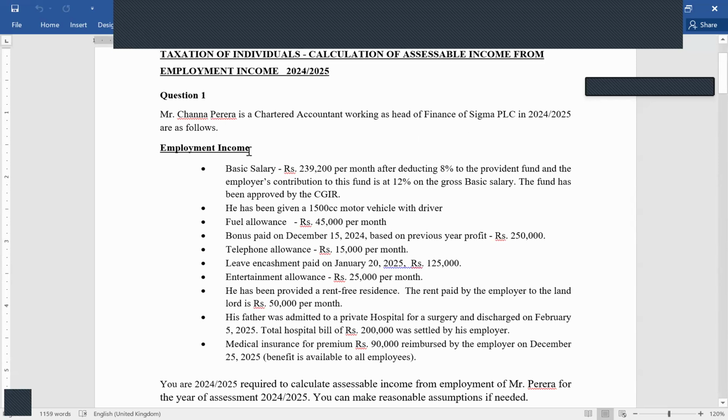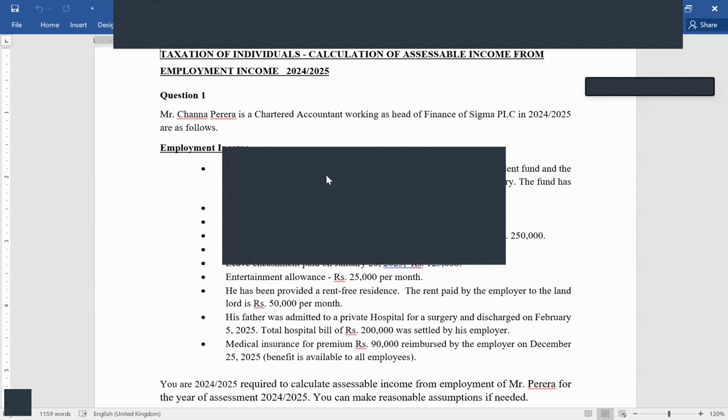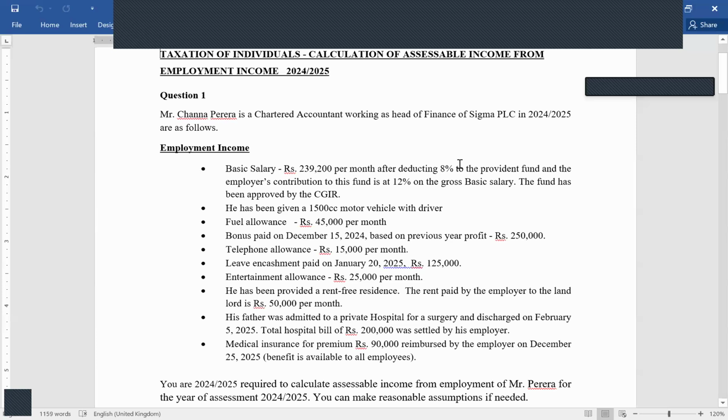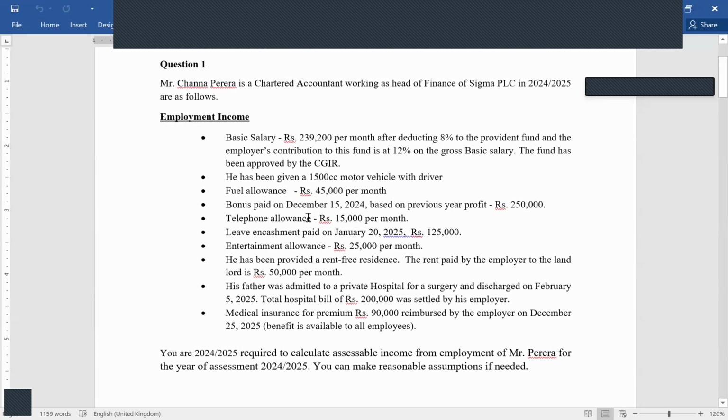This is Mr. Channa Pereira's income details for employment. He has received a basic salary of 239,200 per month. As I have already explained, we should calculate the year of assessment 24-25 tax liability.